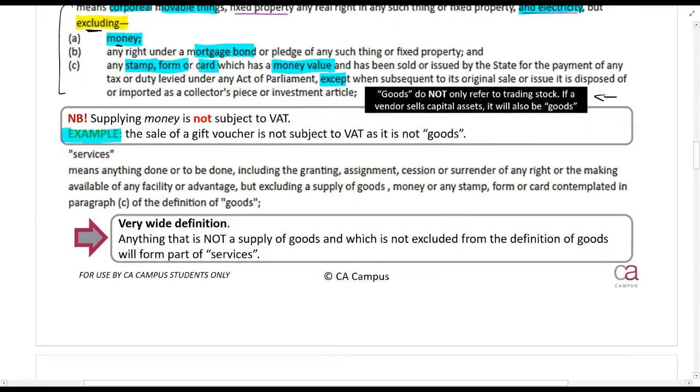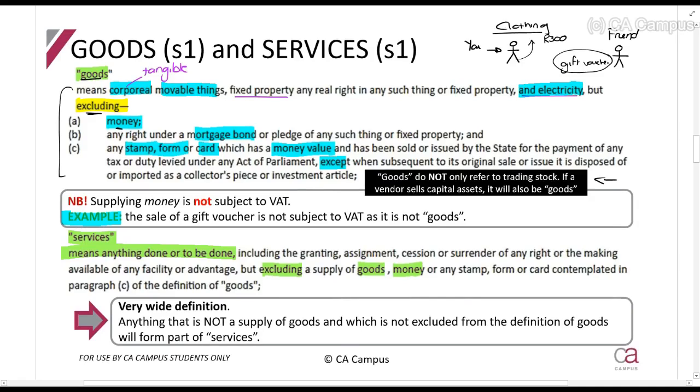Then there's services. So what are services? It means anything done or to be done, including the granting, assignment, cession or surrender of any right, or the making available of any facility or advantage, but excluding the supply of goods, money, or any stamp, which is contemplated in paragraph C of the definition of goods. So what are services, guys? Anything done or to be done. So rental, for example.